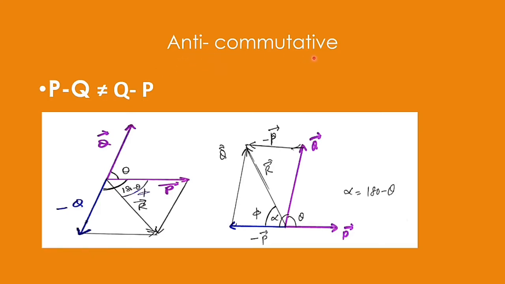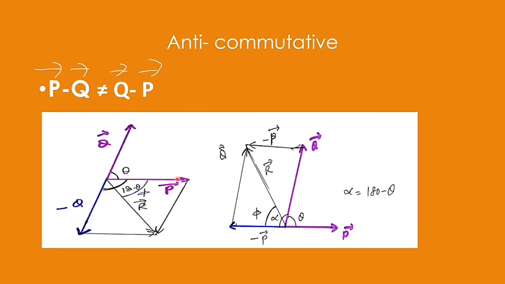First property, anti-commutative: you have to write it as p vector minus q vector is not equal to q minus p vector. This you have to notice, because we have already discussed, the same diagrams are already with you.